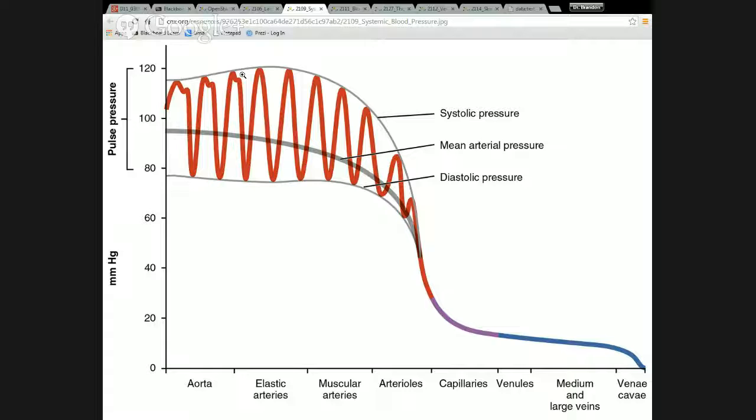Those two values, 120 over 80, what we think of as the normal blood pressure, are really representing the pressure when the ventricle is in systole, so we call that systolic pressure. That's the higher of the two numbers. And diastolic pressure is the pressure when the ventricle is relaxed.